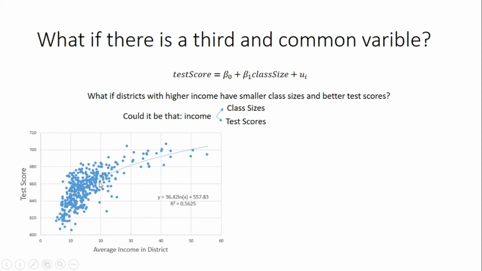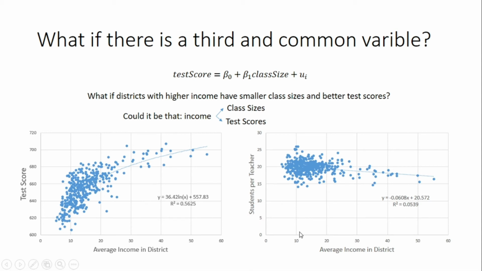In fact, this relationship is non-linear. It seems to be best described by some logarithmic function. You have a fairly high R squared. It's explaining a lot of the variation. But nonetheless, for our purposes, we can just see that it's positive. Okay, so income, at least at first glance, seems to be driving test scores, determining the test scores.